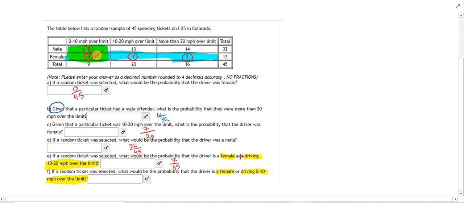Notice how I did not double count the 4, because if I just add the totals, I will be double counting the females who satisfy both categories. I have to add the 4 either to the female category or to the people who are going 0 to 10 miles over the limit, not both of them, or I will be double counting. So if I add both of them, I have 9 plus 9, 18. So 18 out of 45.